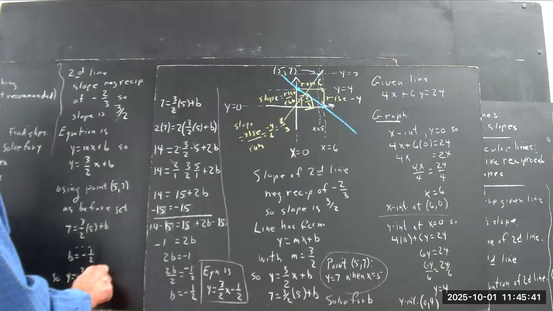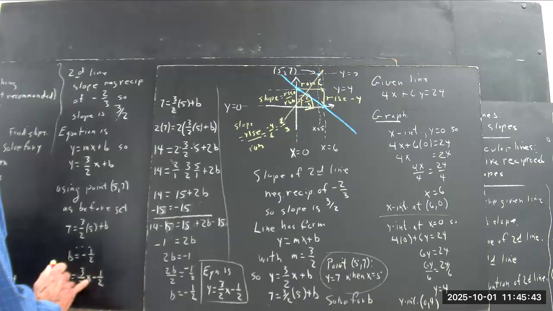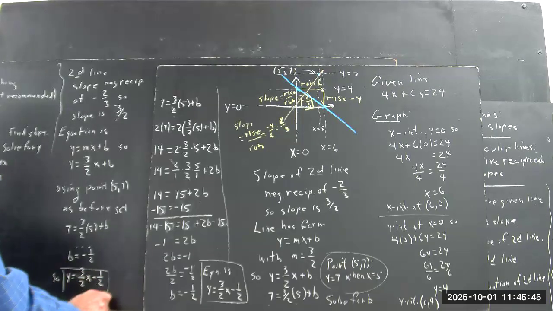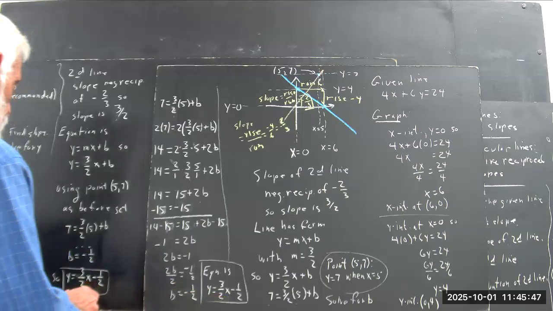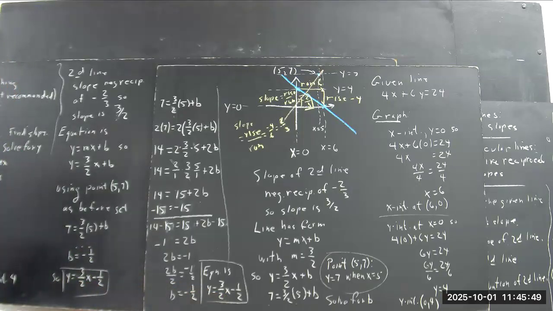So y is 3/2 x minus 1/2, same as what we got here.